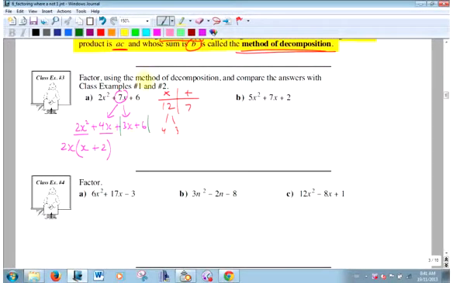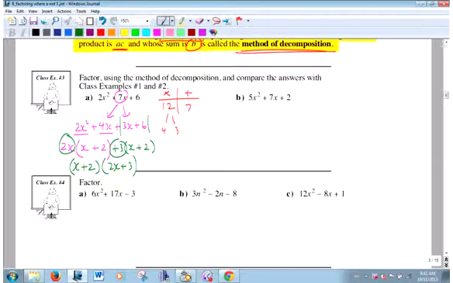What can I take out of 3x and 6, plus 3? 3 goes into 3x, x times. 3 goes into 6, 2 times. Do I have x plus 2 in both sets of brackets? Yeah, I'd better, right? Or I can't do anything else. Take that out. What do you got left? 2x plus 3.